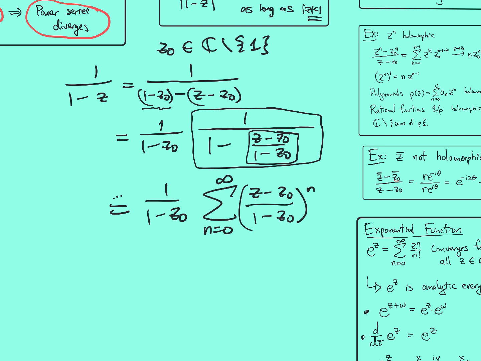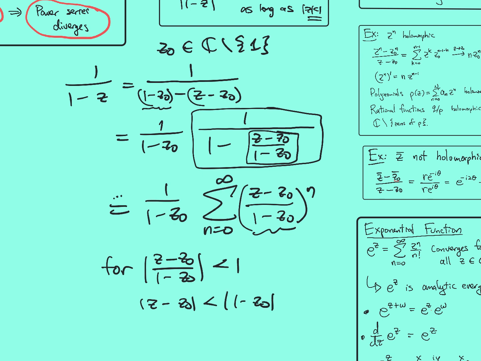this series, and then the conditions are that this part is less than 1 in modulus, which we can rewrite as this expression. So it's valid for |z minus z0| less than the distance between 1 and z0, which is fine because z0 is not equal to 1.